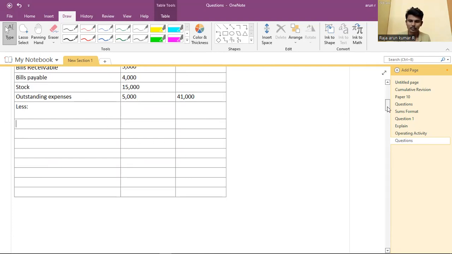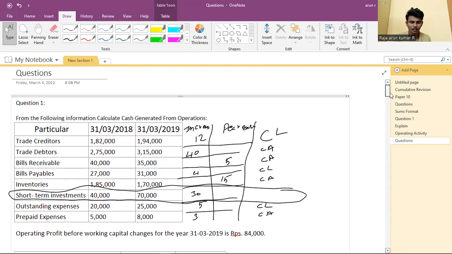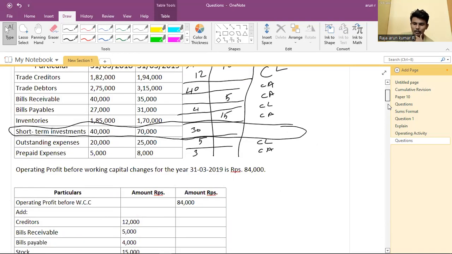In the less list, there are two transactions. One is debtors, which increases. Another is prepaid expenses, which also increases. Increasing current asset means less it.